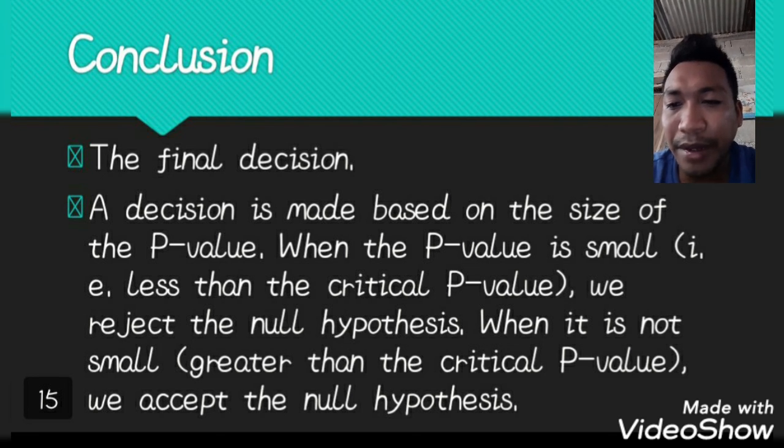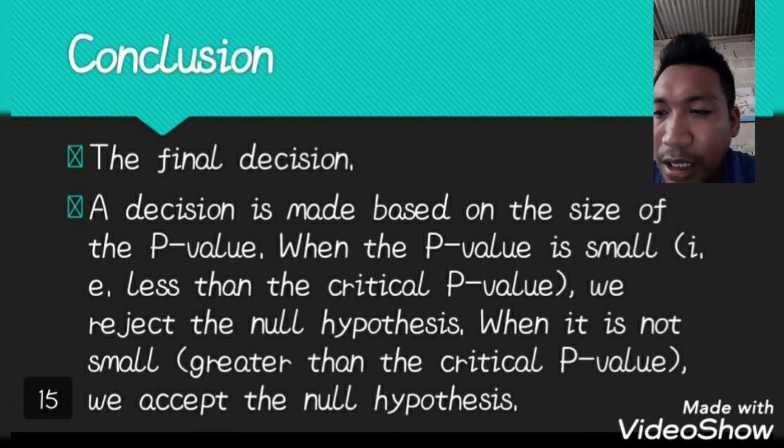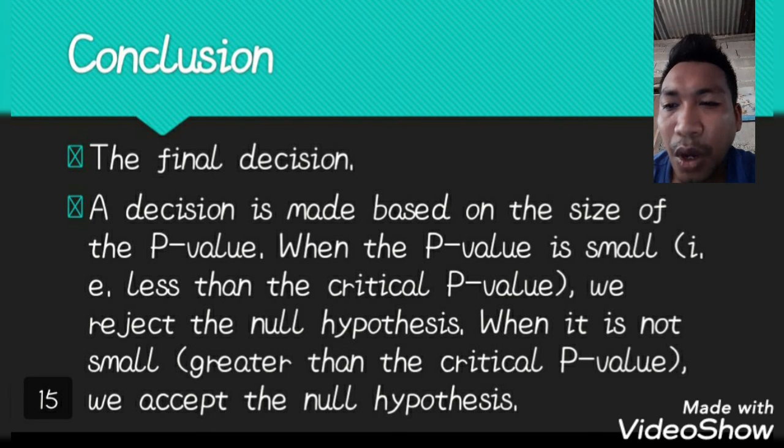In the same way, if the value of the test statistic falls in the critical region, we reject the null hypothesis. The conclusion should, as far as possible, be devoid of statistical terminology.